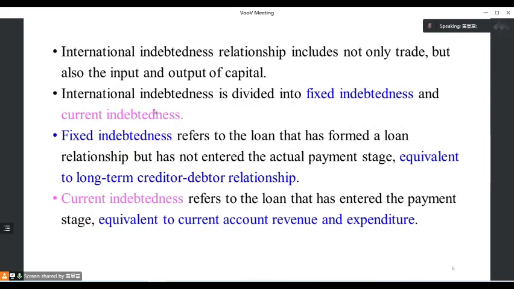International indebtedness relationship includes not only trade, but also the import and export of capital. International indebtedness is divided into fixed indebtedness and current indebtedness.